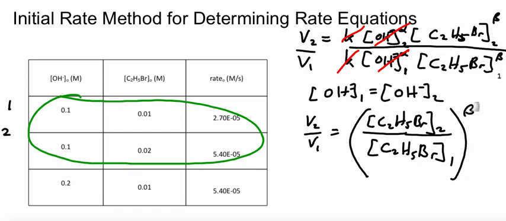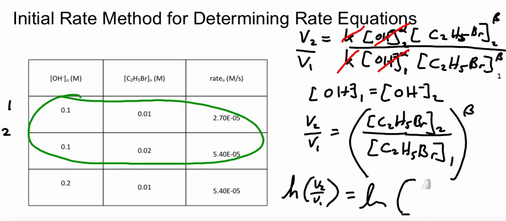Now we want to solve for beta in its exponent. There's a little trick you can use to isolate the beta, and that's to take the logarithm of both sides. So we've got the logarithm of V2 over V1 is equal to the logarithm of this whole quantity, which is the concentration of ethyl bromide over the concentration of ethyl bromide, all to the beta.